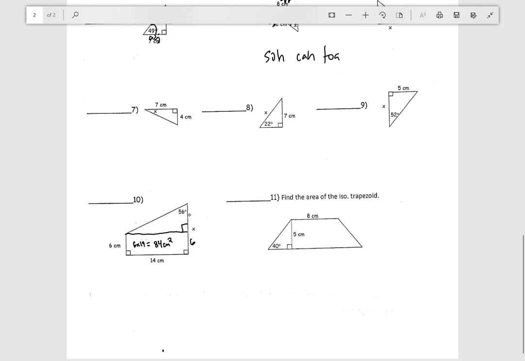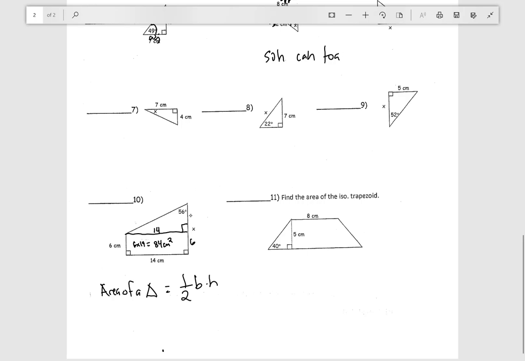And then I want to know, if this is 6, that's x. If this length is 14, I know that this length is 14. And then I want to figure out the area of a triangle, so let's remember that formula. Area of a triangle is equal to 1/2 base times height.